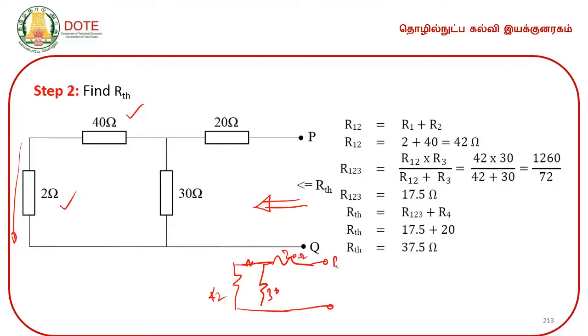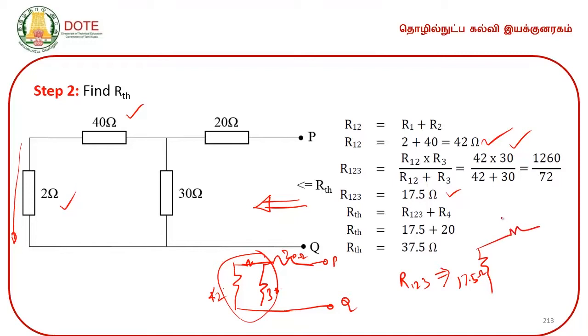So, this is your next step. P and Q. Again this is 42, and this 42 and 30 are in parallel. So, we need to find out R123 by simplifying further. So, 42 into 30 divided by 42 plus 30 will yield you 17.5 ohms. So, these two can be made as a single resistor, this parallel combination, whose resistance value is 17.5 ohms.